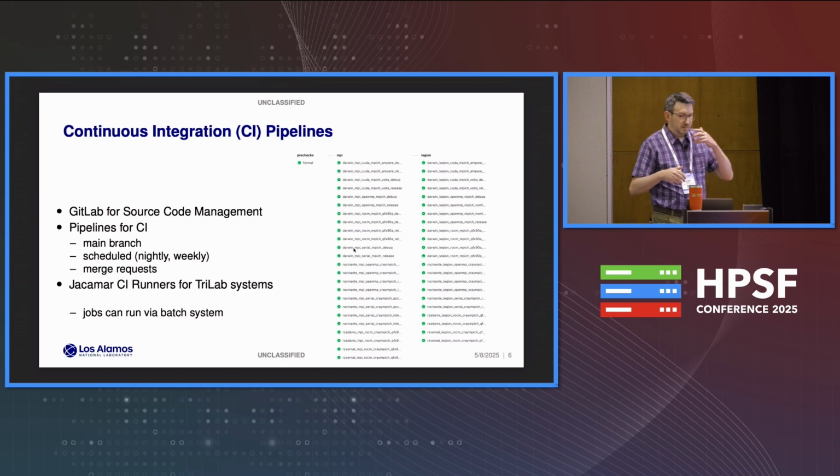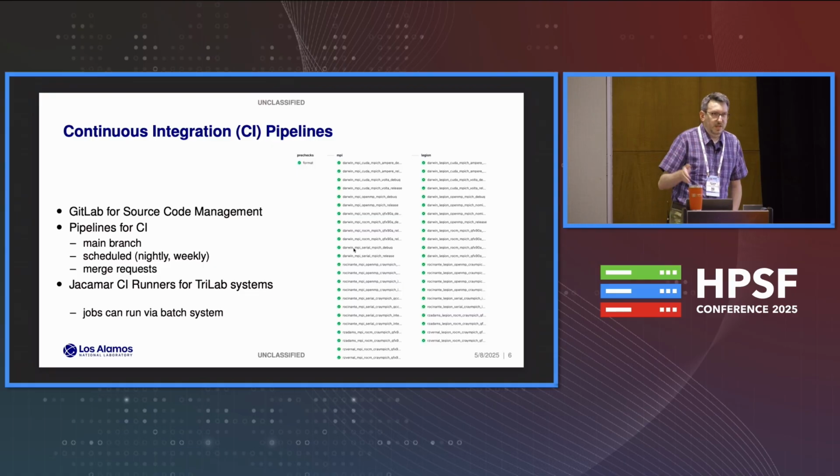And we as the code teams have to test on all of these different configurations. And so we manage this complexity through automation. We use GitLab for our source code management, and we use Jacamar CI runners to directly launch jobs on our trial app systems. Not typically the big systems, but sibling systems that are identical in their hardware and their software stack.